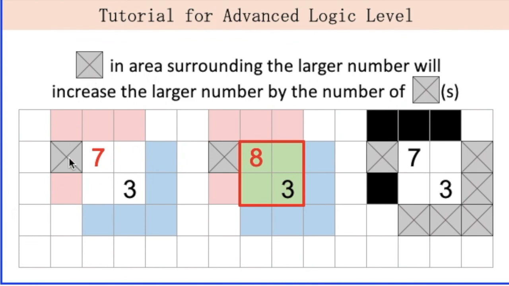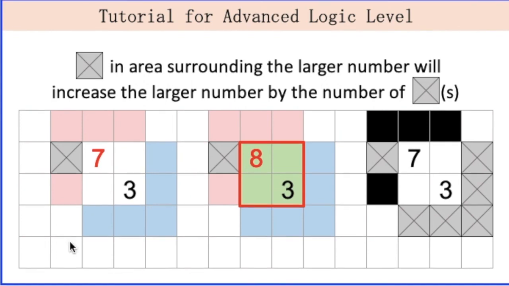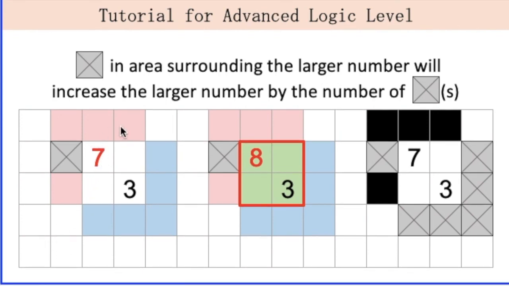A gray space in the area surrounding the larger number, which is a 7, will increase the larger number by the number of gray spaces. Meaning, since there's 1 gray space in the area surrounding the 7, that 1 gray space will be added to the 7. So now 7 becomes 7 plus 1 and it becomes 8.